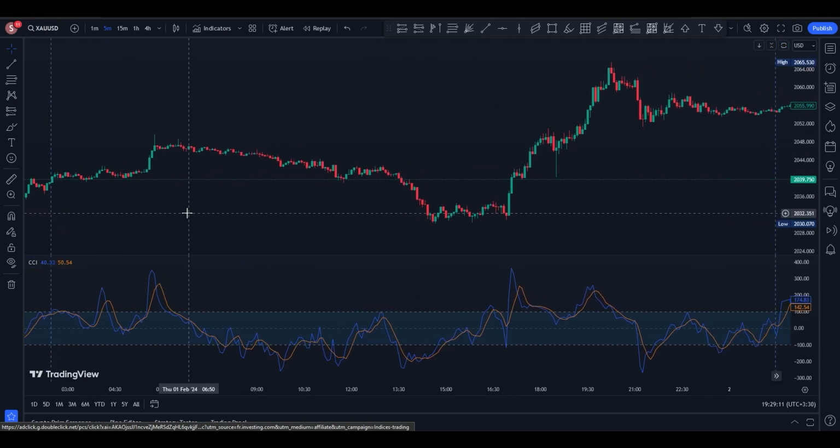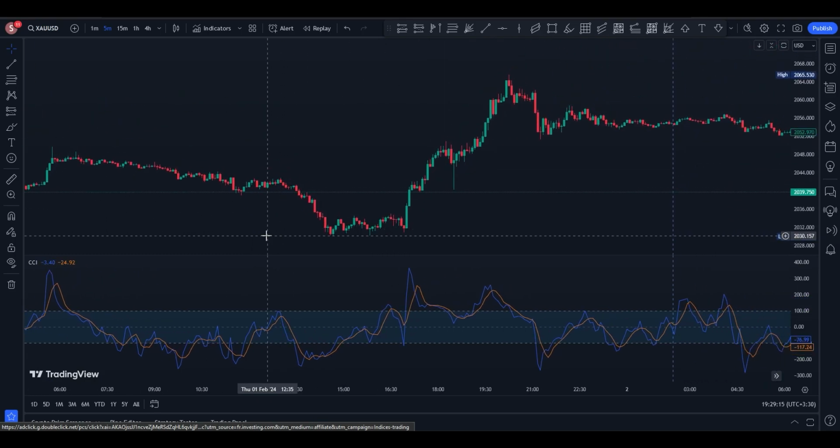Well, let's see if we have any strategy for it. Well, as you see, if we cross over this line here, or if we cross over the moving line, we can enter for a long, and it should be higher than the middle band.